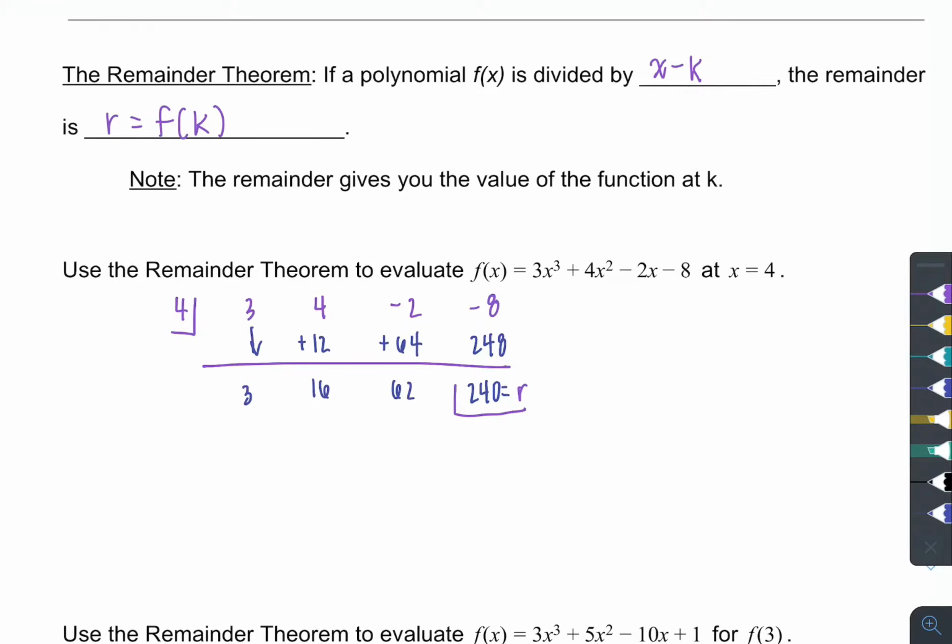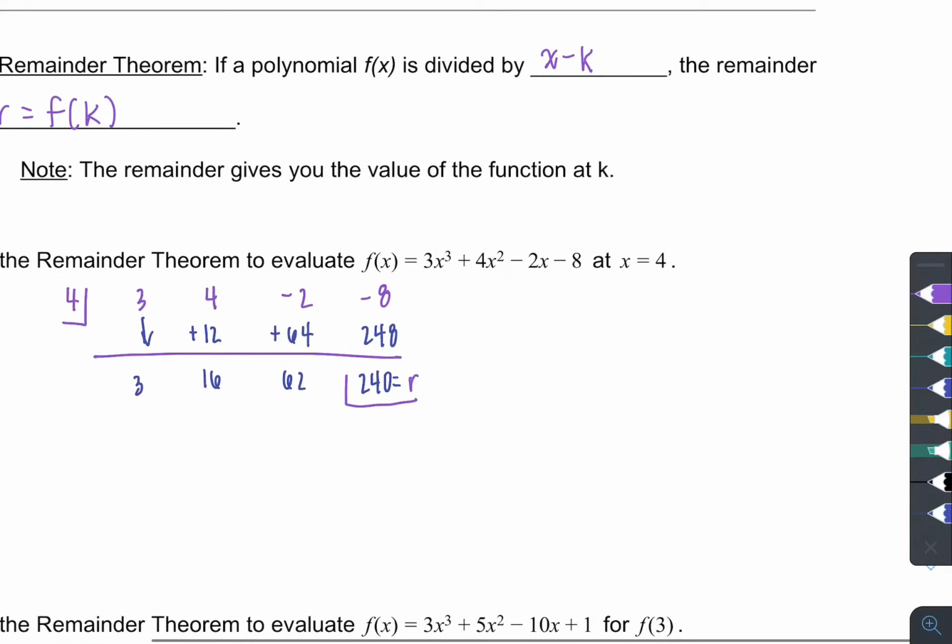Let's go ahead and look at what f of 4 equals. I'm going to go through it somewhat quickly. Wherever there's an x, we're going to plug in 4.